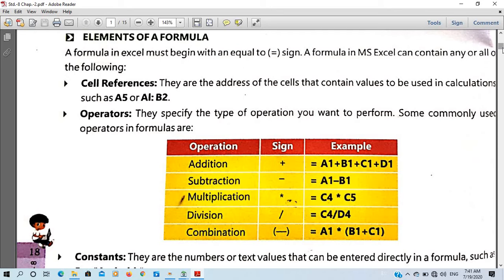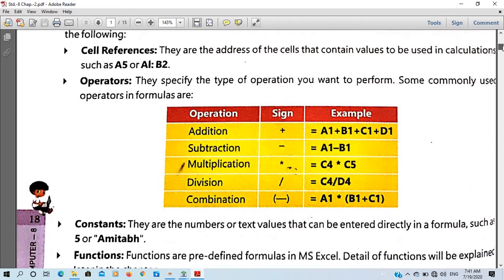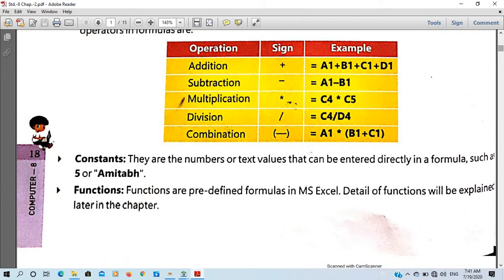And then operators, we had learned about operators, the 5 operators you can see, plus, minus, into, divided by, and combination. So these were the operators. And then we had also seen what is constant. Constants are the numeric or numbers that have fixed value.